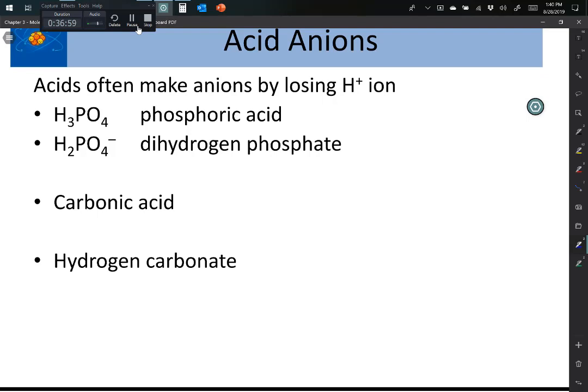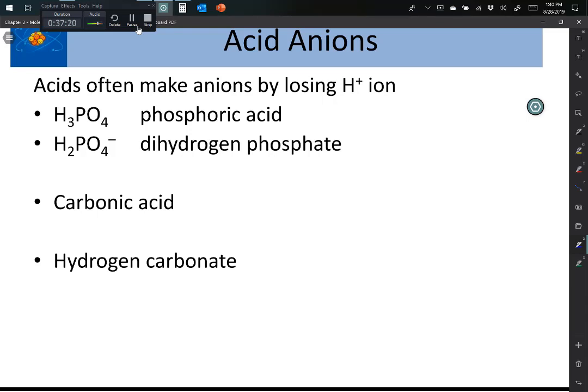So we call them acid ions. They look like acids, but they're ions, so that's all we do. When you have an acid ion that looks like this, you have to actually say how many hydrogens are in the structure. So this one becomes dihydrogen phosphate. Essentially, you're naming it like it's molecular, but it's not, right?